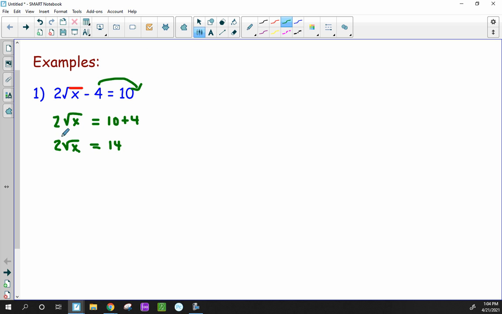When you get to this step, you now recognize that 2 is in front of or being multiplied by the radical. To do the opposite of multiply, you would divide. Divide both sides by 2. 2's will cancel. It will leave you the square root of x is equal to 14 divided by 2, which is 7.